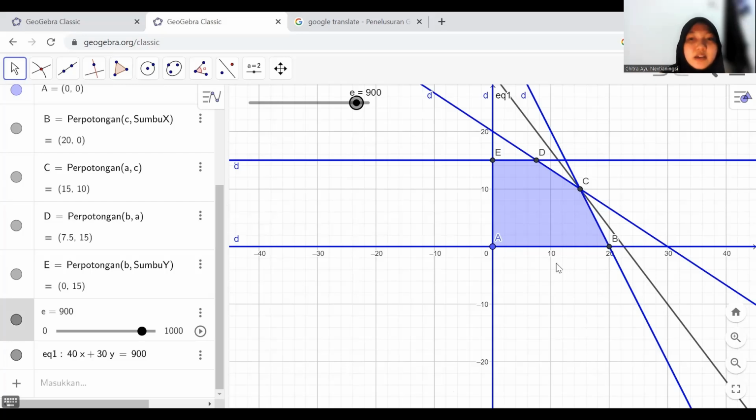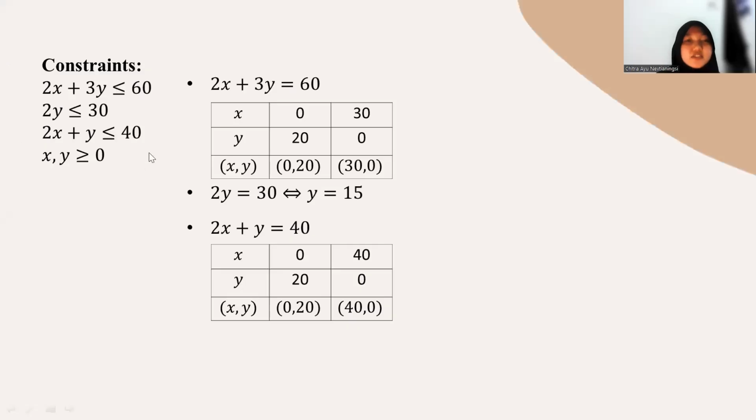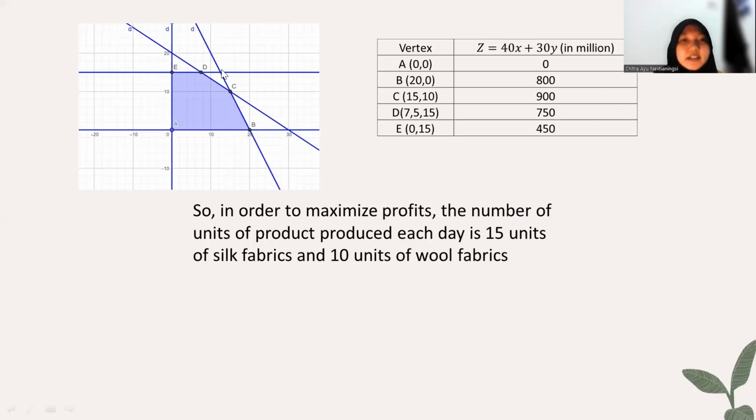Actually it's the same, but it takes a longer time. Okay, this is the constraint, and this is the first constraint, second constraint, and third constraint. So we can determine the points with a table like that. After that we know, and this is the result of GeoGebra.